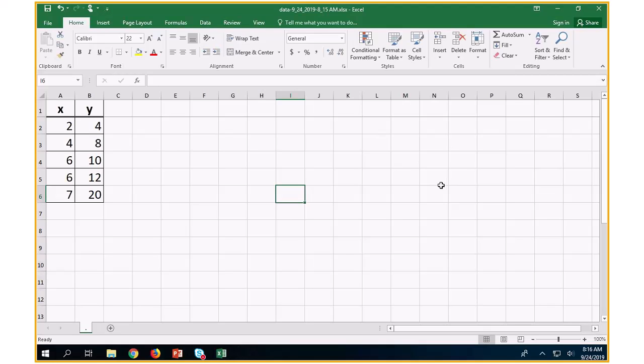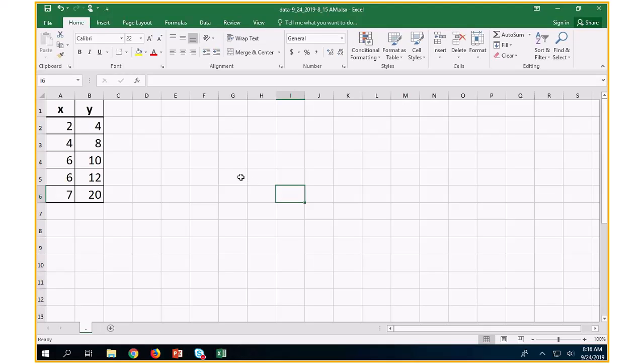Remember, the only thing I want you to be able to do by hand on these is find the slope and the equation. So I'm going to plot it, and then we'll do it by hand, and then I'll show you how to do it on the calculator and find the correct answer on the calculator and the Excel spreadsheet.